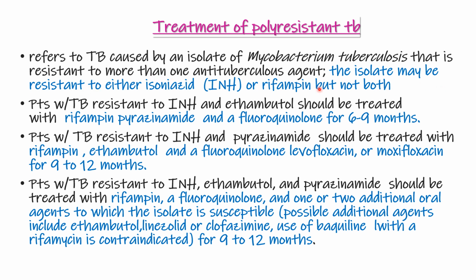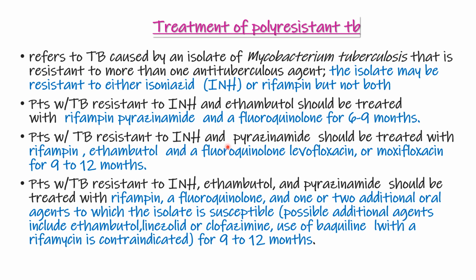The isolate may be resistant to either isoniazid or rifampin and not both. When your patient has resistance to isoniazid and ethambutol, you remove those drugs and add a fluoroquinolone, levofloxacin or moxifloxacin. So you do rifampin, pyrazinamide, and one of the fluoroquinolones for 6 to 9 months.